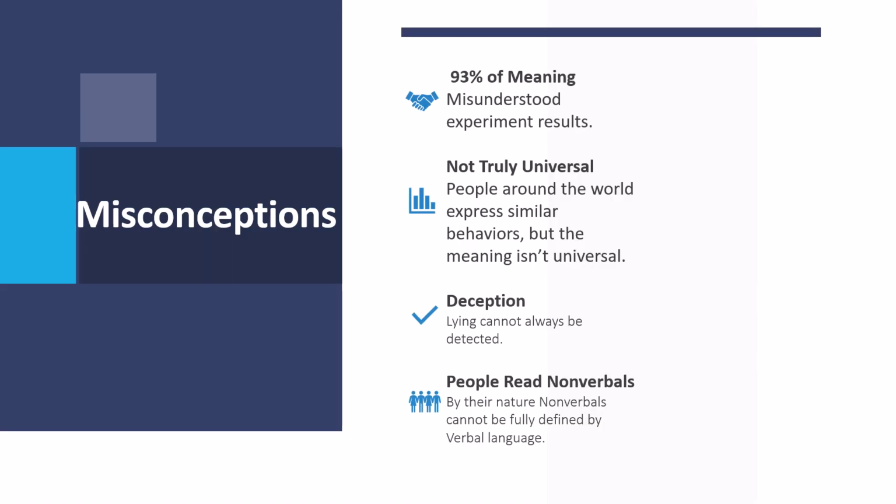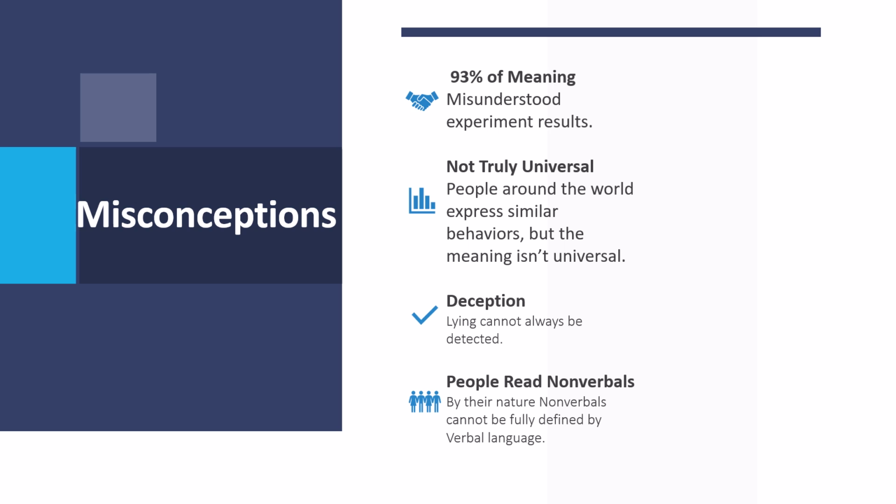Now, there are some real misconceptions when it comes to nonverbal communication. And I know there's a video included in the section below this that just illustrates some more about the misconceptions. But one of the misconceptions is that 93% of meaning comes from nonverbal communication.